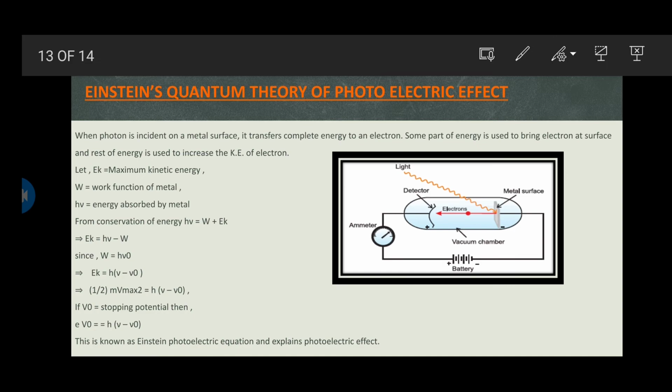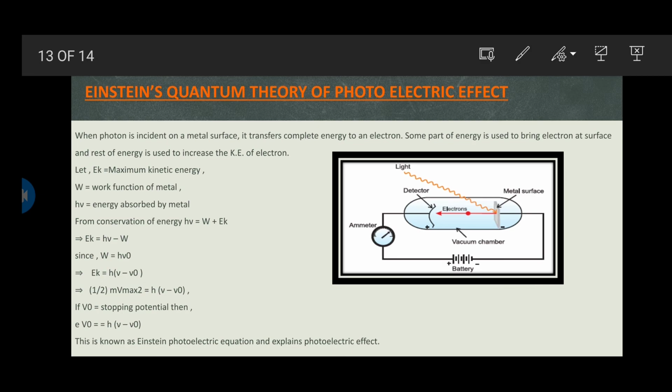h nu is the energy of the light which you have taken. The work function is used by the metal surface to bring the electron out into the next medium. The difference between these will result in the kinetic energy. If you take the work function as h nu naught, then K max is equal to h nu minus h nu naught.